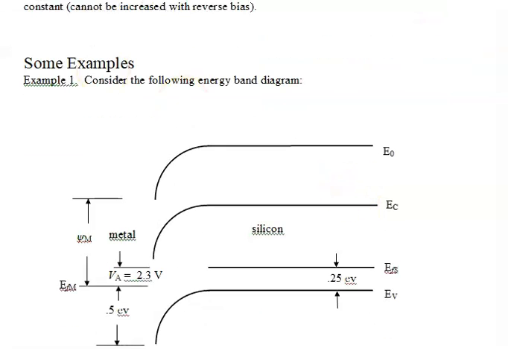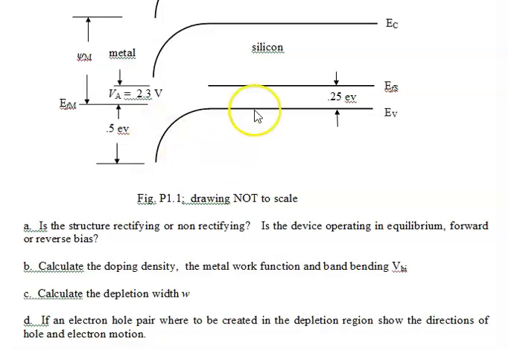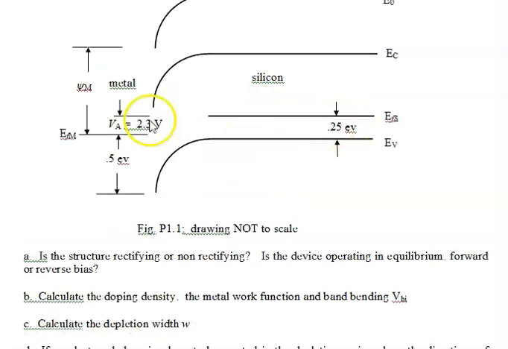Okay, so now let's look at some examples. This is example number 1, and we're asked a bunch of questions. First, these are the numbers we're given. We're given that it has an applied bias of 2.3 volts, and we're going to be asked, what does that mean? That's a pretty big number. So we'll see what that number means, its magnitude.